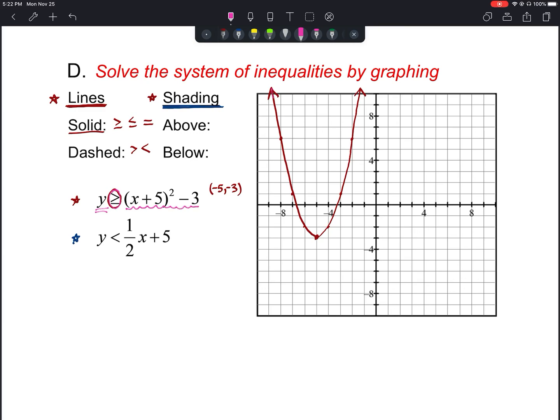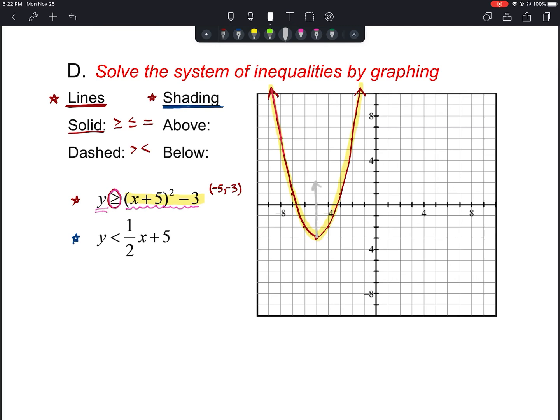Actually, I'm going to highlight it here. This is the actual parabola. And we're looking for all the y coordinates that are greater than the parabola, or all the outputs there. So if you put your pencil on the parabola and then just go straight up, that will take you to the greater side.